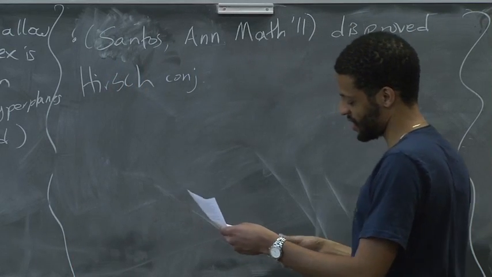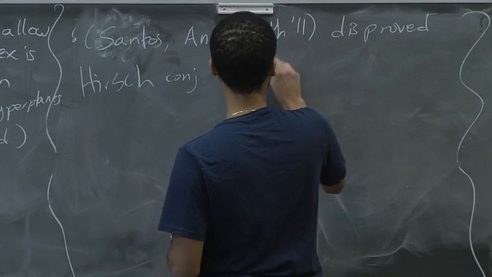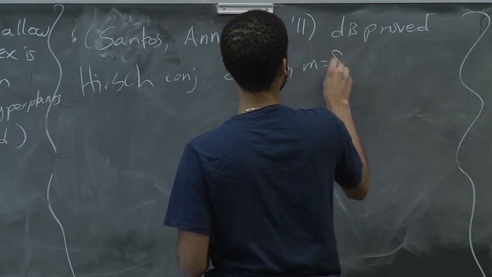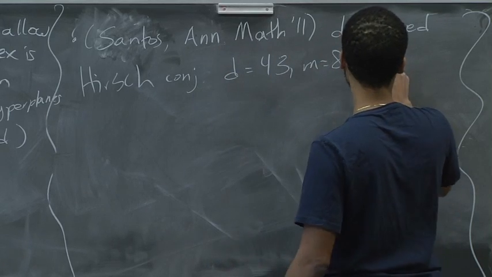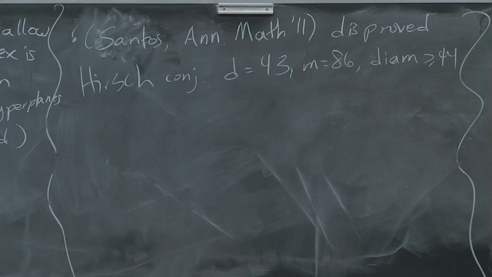And he came up with an explicit polytope where d was 43, m was 86, and the diameter was at least 44. So off by 1.